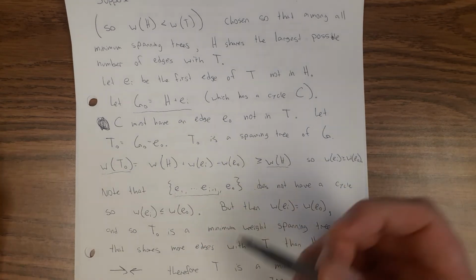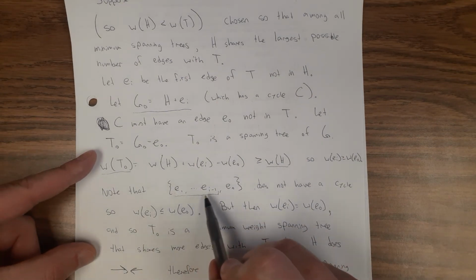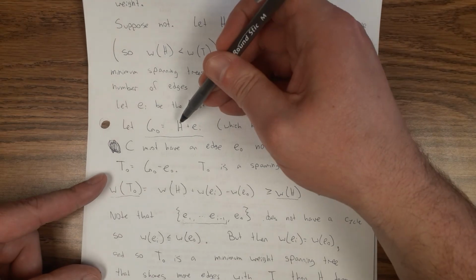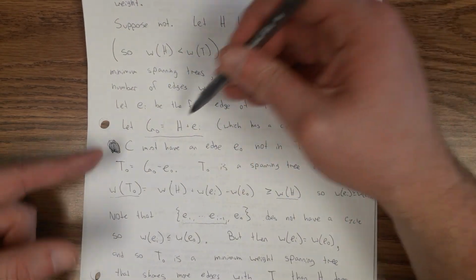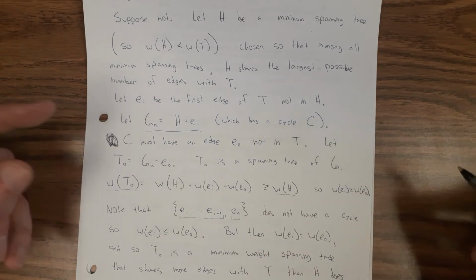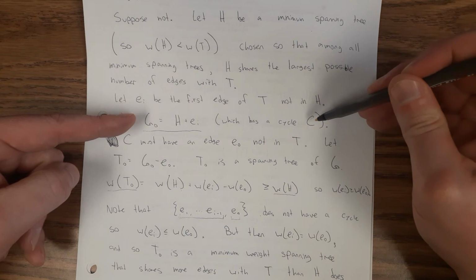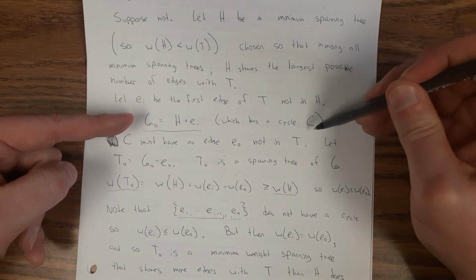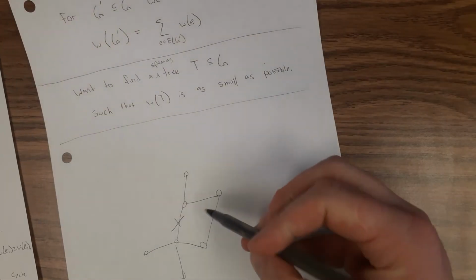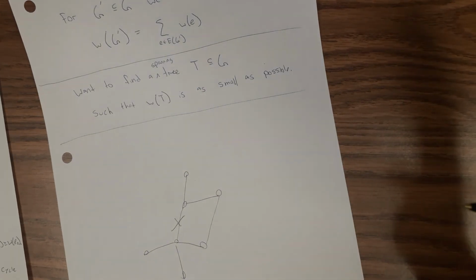E sub I is the first edge that they don't have in common, but H and T both have all of these edges in common. So H had all of this, and G naught also had this edge. G naught only had one cycle in it, and that was the cycle C, because when you take a tree and you draw one extra edge, that only makes one cycle.